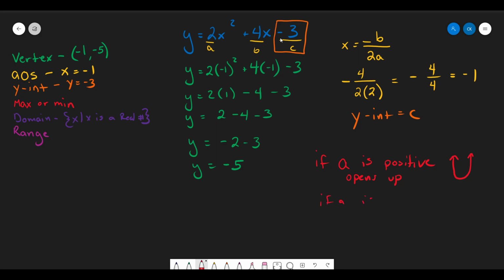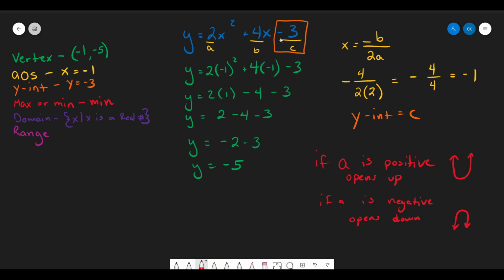If A is negative, it opens down, almost like an N. So if your A is positive, you'll always have a minimum. If A is negative, you'll always have a maximum. So in this case, my A is positive, so that means I am going to have a minimum value.